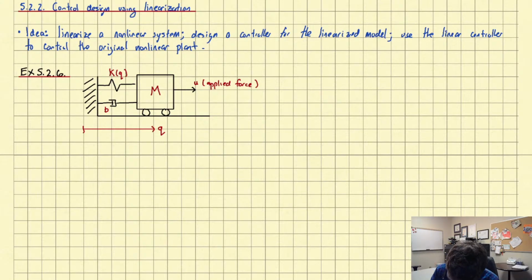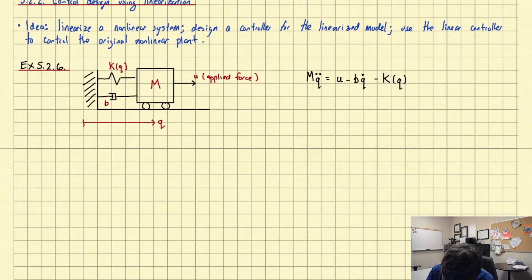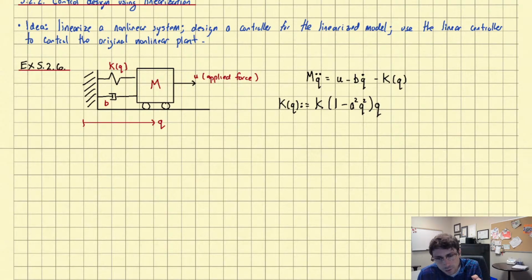Okay? And so we apply Newton's equations. We get mass times acceleration is equal to the sum of the applied forces. Okay? And k of q, for us, is going to be a so-called softening spring. So what does the softening spring do? Basically, as you stretch out the spring more and more, it starts to exert less force.